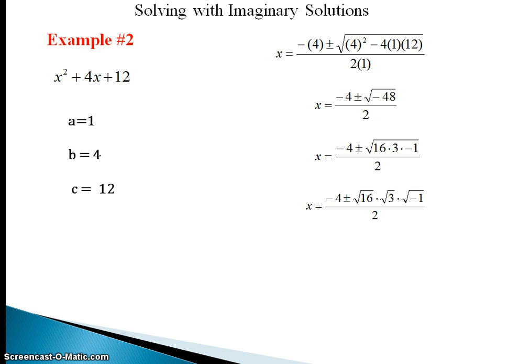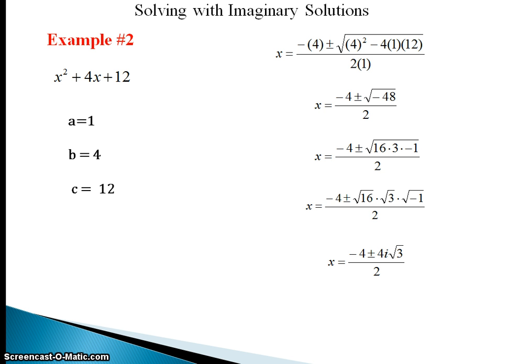Now we have negative 4 plus or minus the square root of 16, which is 4, times the square root of 3, which cannot be simplified, so it stays the square root of 3, times the square root of negative 1, which can be simplified to i. And we do not leave that i after the radical, so I'm going to move it in front.